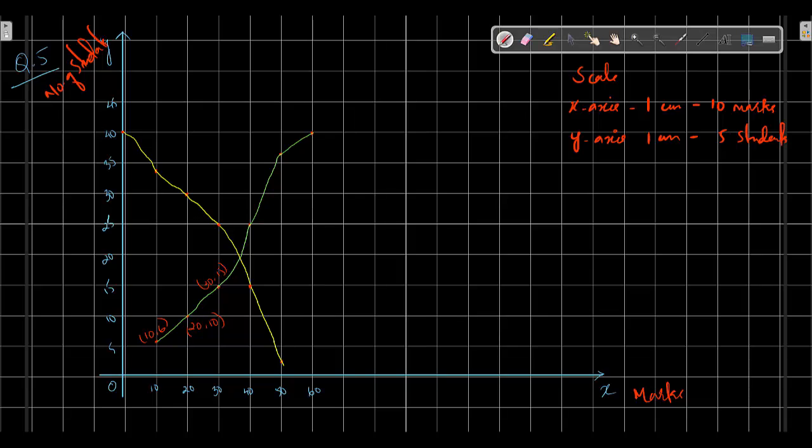Next coordinate, 40 and 25. Next coordinate, 50 and 37. And lastly, this is 60 and 40. So we can just write like this. This is the less than ogive.